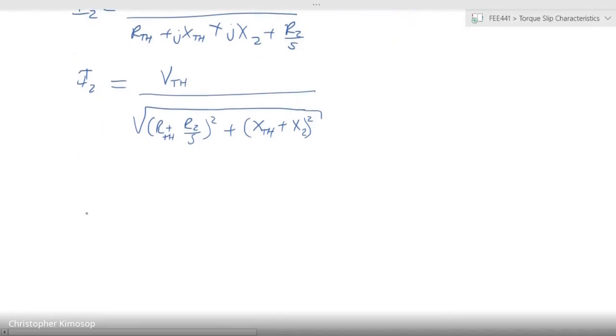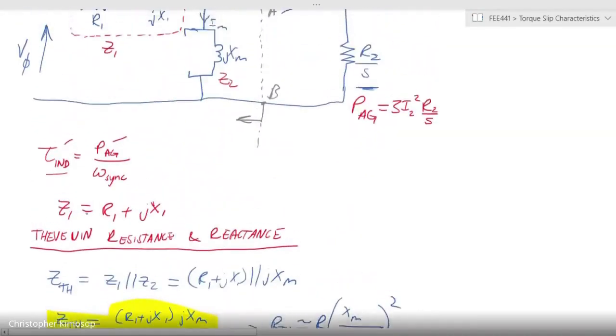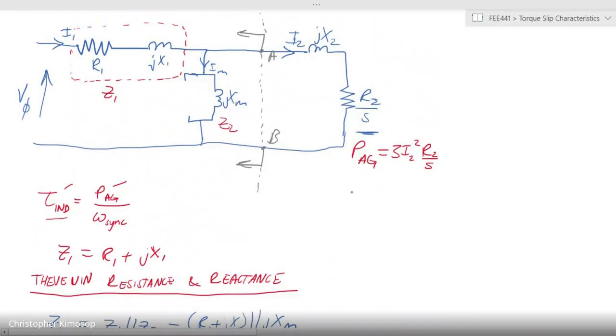Now, recall we had said that we have our air gap power, which we need in order to get our induced torque. We have it expressed like this, okay? And we have now found an expression that gives us the current that we were looking for.